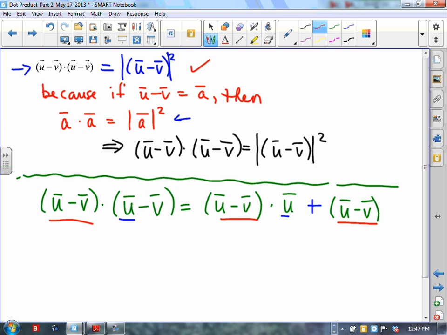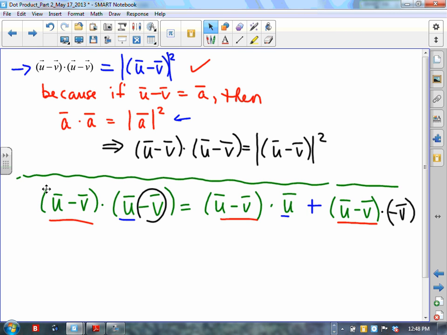Okay, so we have all the parts in place. We would take that same, in this case, vector difference, and we would apply it to or distribute it over the remaining piece, which we have here as the minus v. And then our operator, of course, is the dot product. That's the operation.